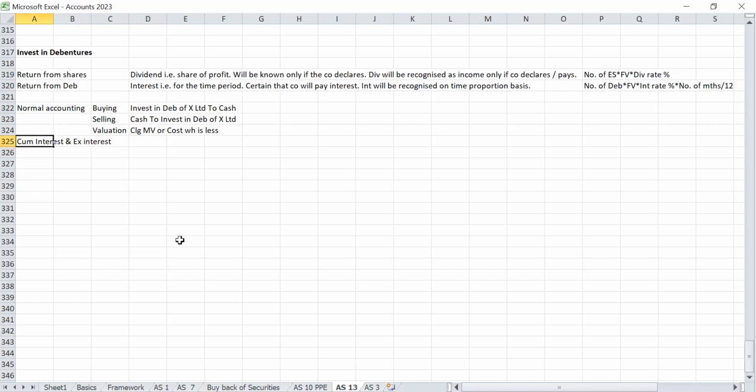One new concept will be there. Last, conversion of debentures to equity shares. So totally there are only three now. Cum-interest, ex-interest accounting.